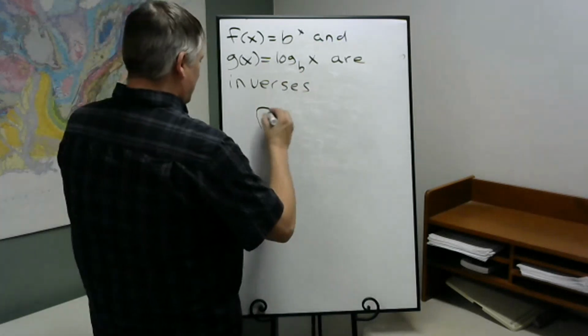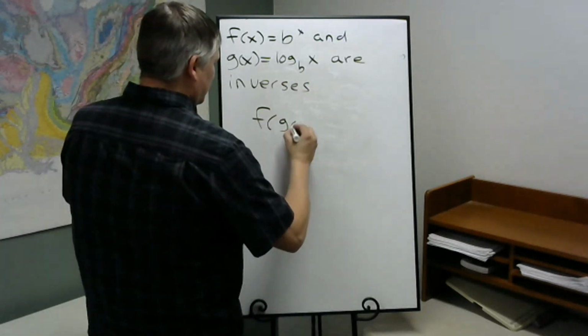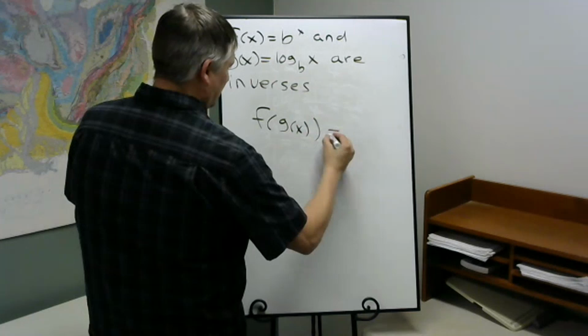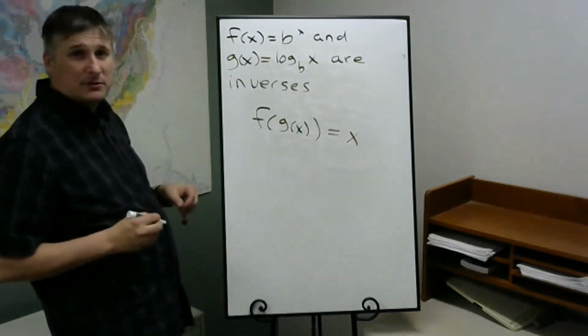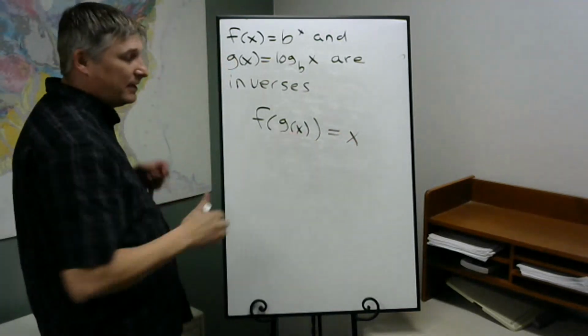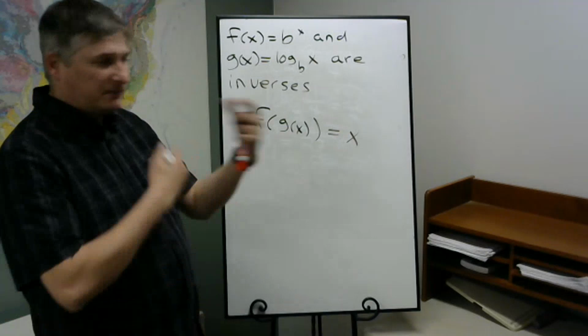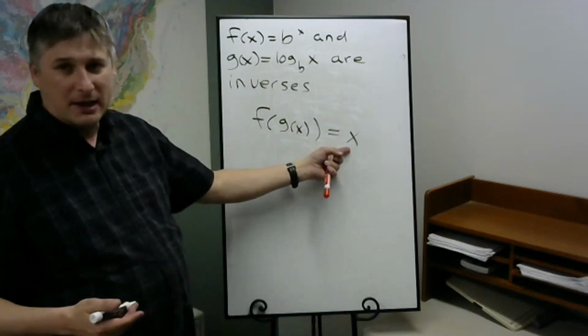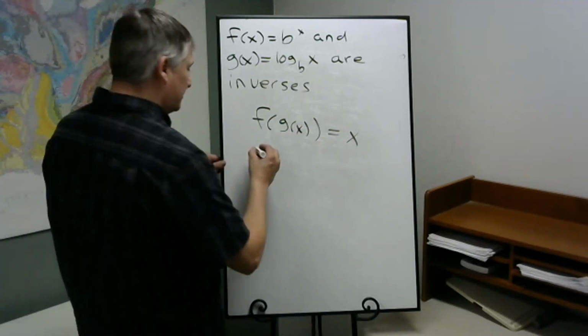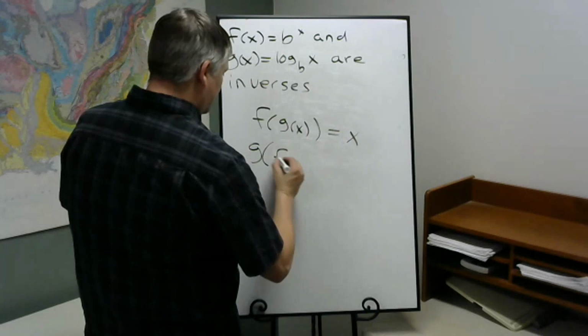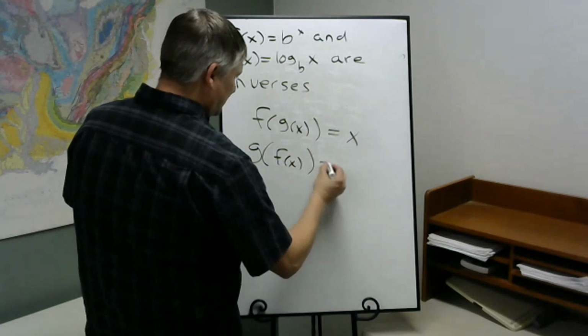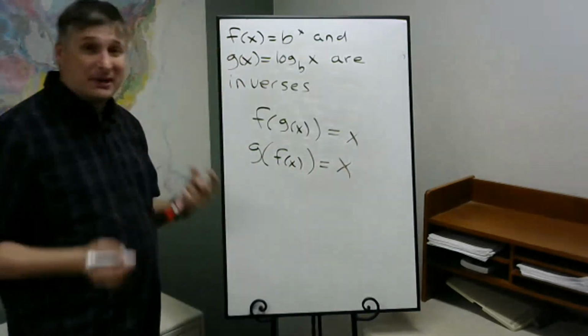But if functions are inverses, then we're going to see this property. If we put g inside of f, simplify things down, we're just going to get x. And we put f inside of g, simplify down, you'll also get x.